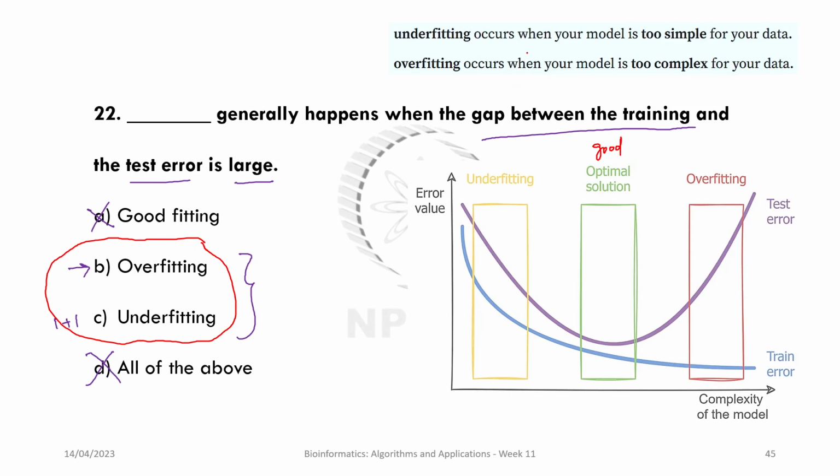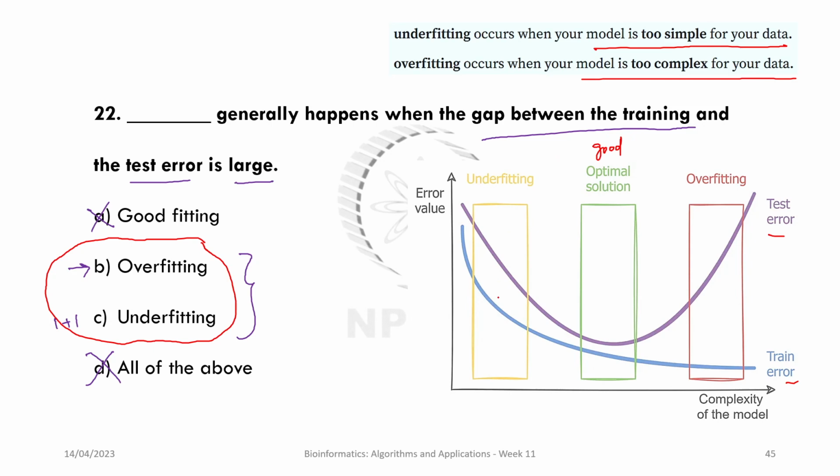So underfitting occurs when your model is too simple for your data. Overfitting occurs when the model is too complex for your data. So here is the test error and train error. When the gap between the test error and train error is huge, it is a case for overfitting.